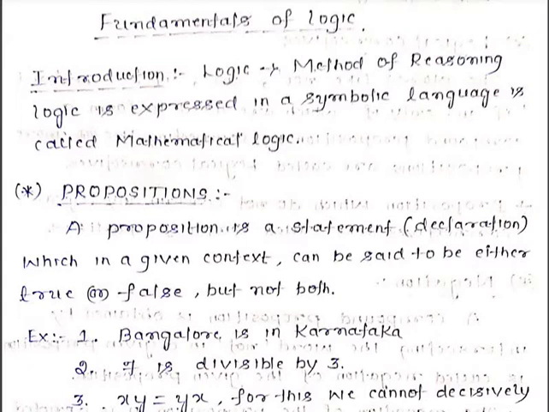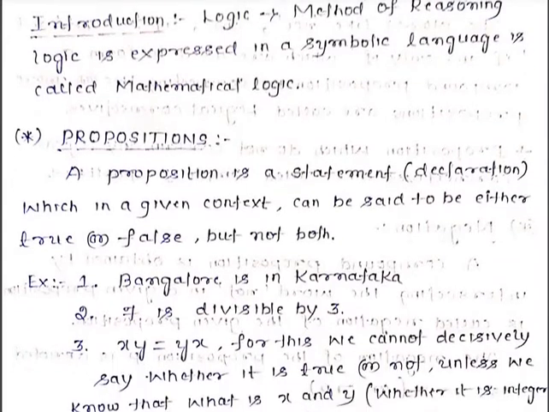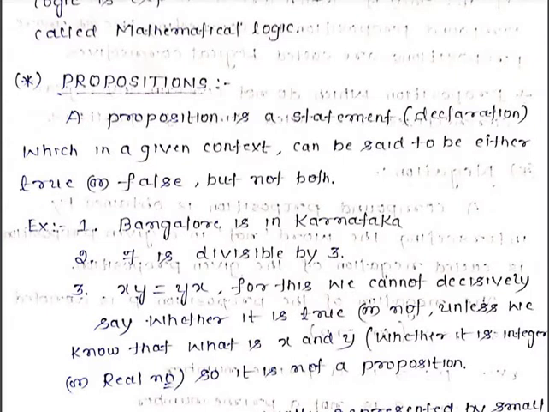Therefore, we cannot decisively say whether it is true or not, which is what is given in the notes. Suppose the x and y values are provided, then the case is different. At that point, I will substitute x and y, and then we can conclude whether it is a true proposition or a false proposition.